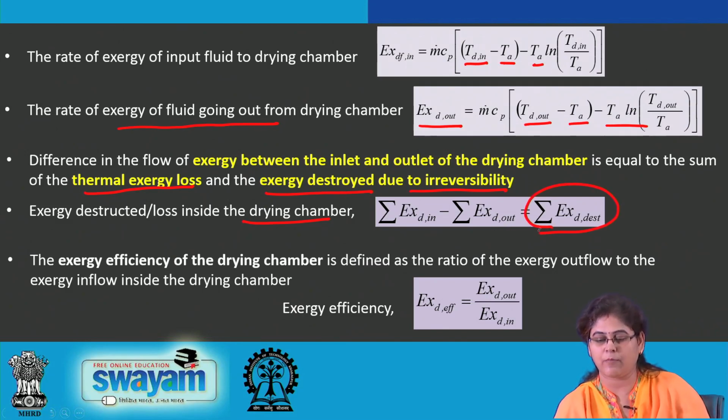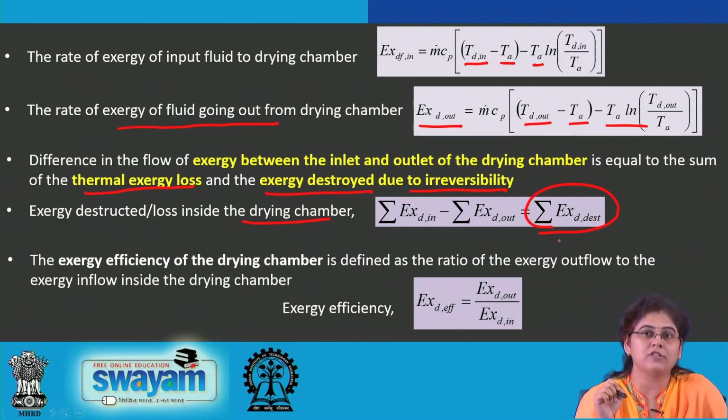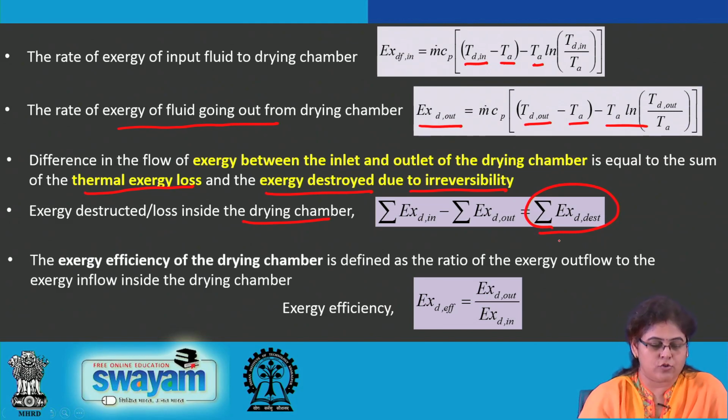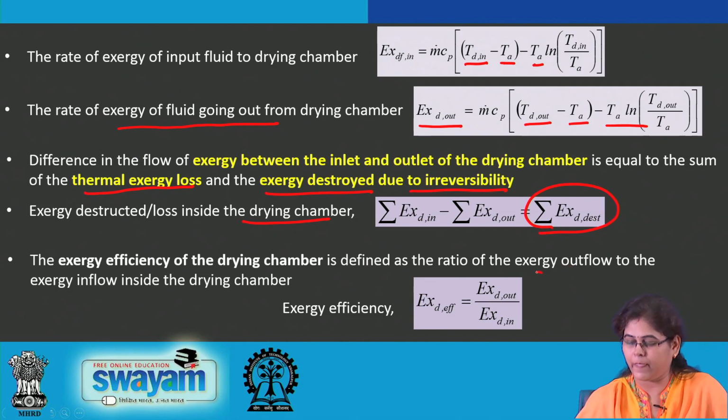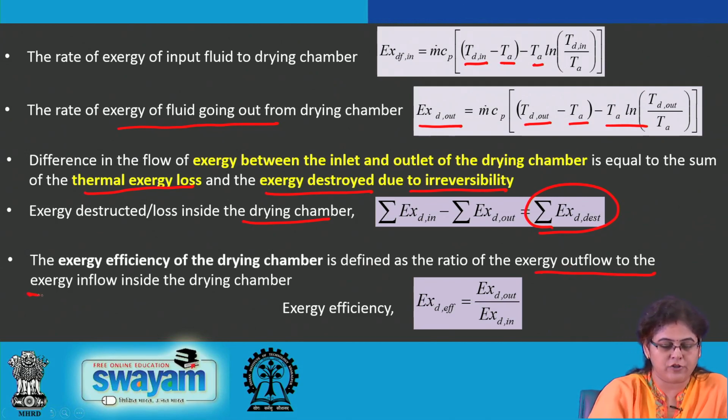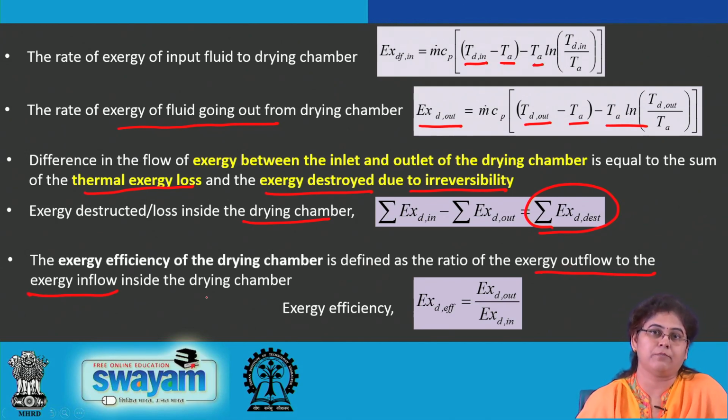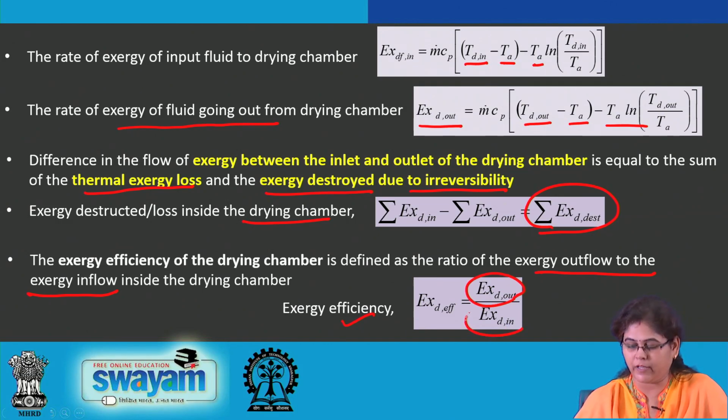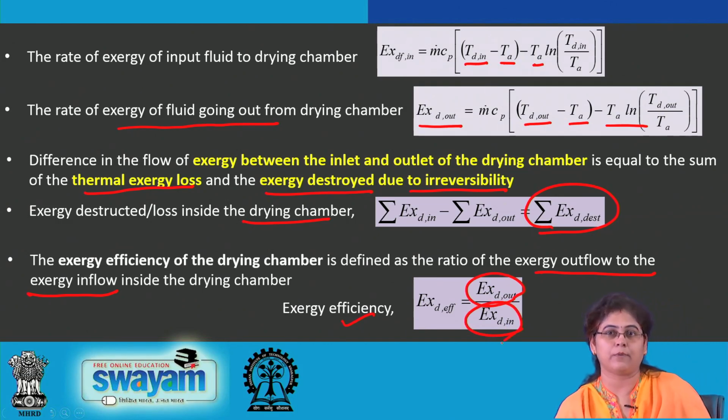So, the exergy efficiency of the drying chamber is defined as the ratio of the exergy outflow to the exergy inflow, that is, exergy out from the drying chamber upon exergy into the drying chamber.